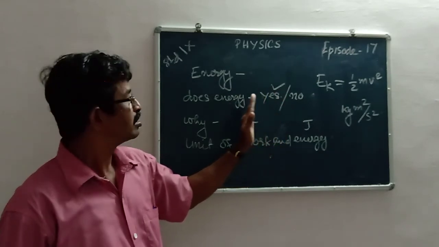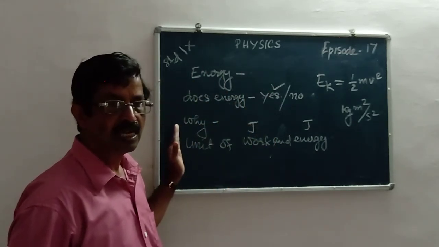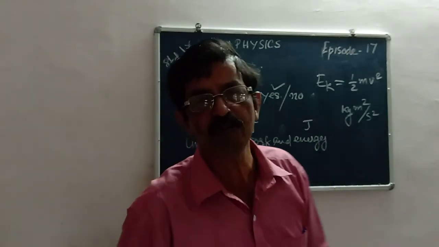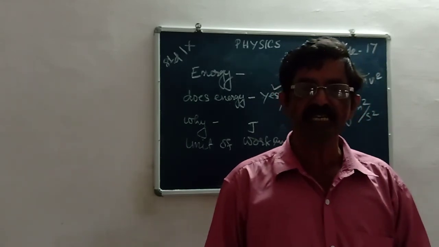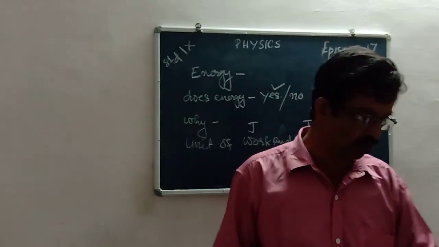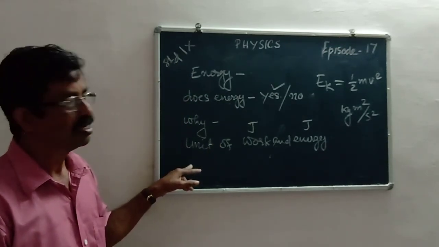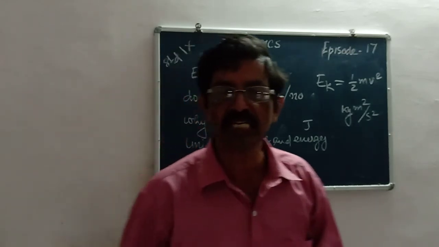Now we discussed different forms of energy and, in detail, kinetic energy and a relation which we can use to calculate kinetic energy. Then from this unit we discussed work.